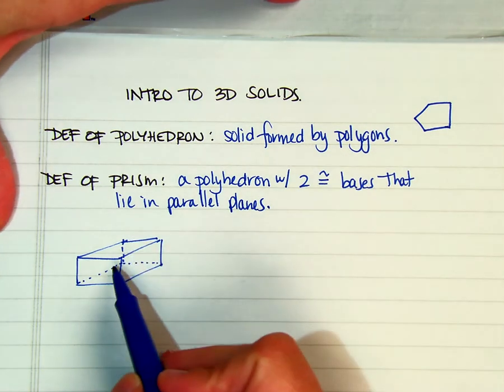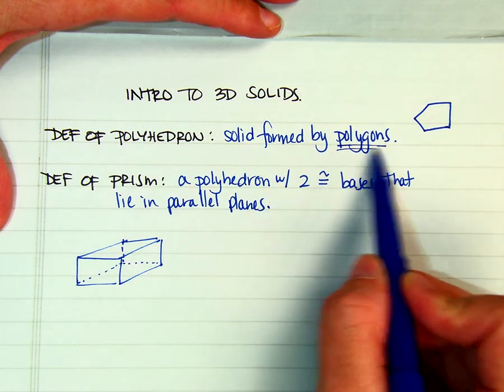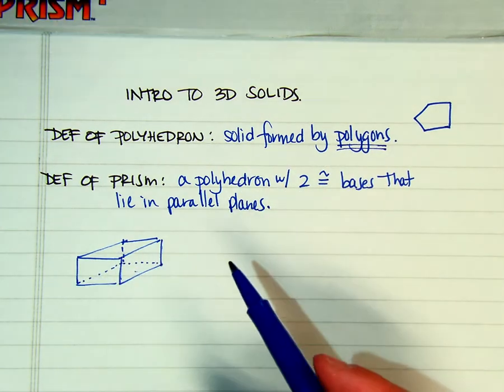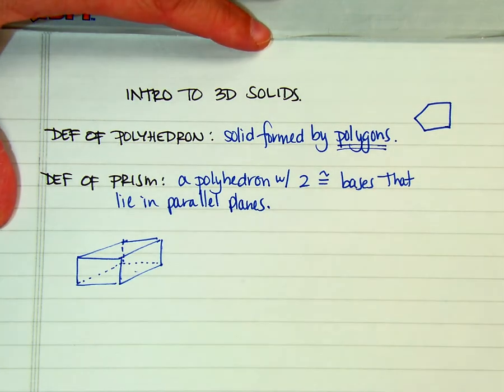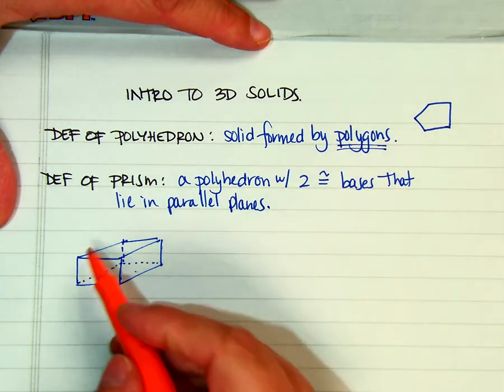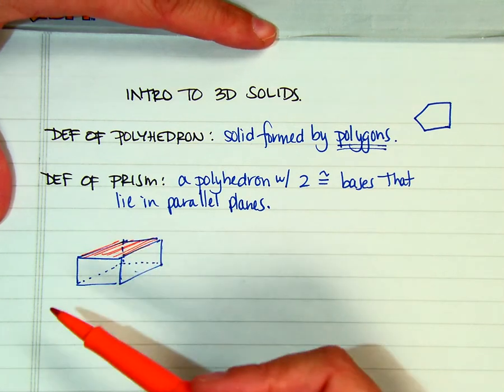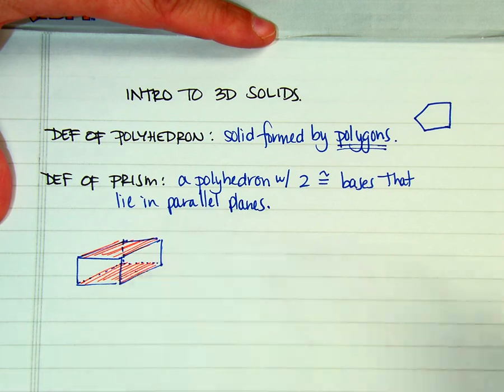So this is a prism because it's a polyhedron, so all the sides are polygons. So this is a rectangle, rectangle, rectangle, or even a parallelogram. We don't really have that information. We have two congruent bases, so that means that this top is the same exact size and shape as that bottom.